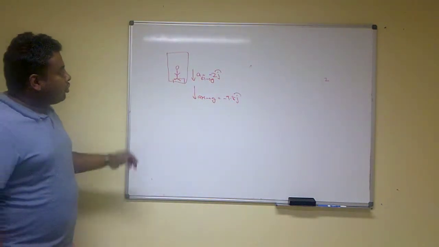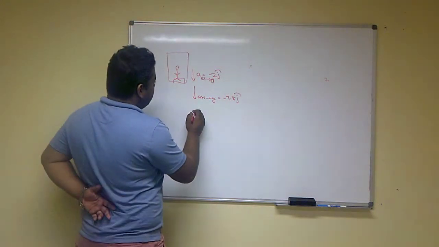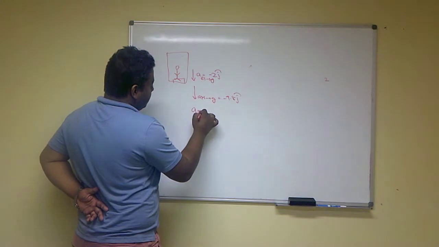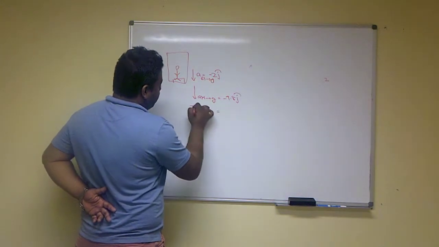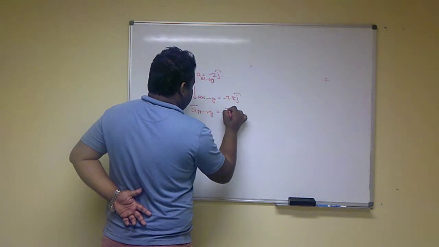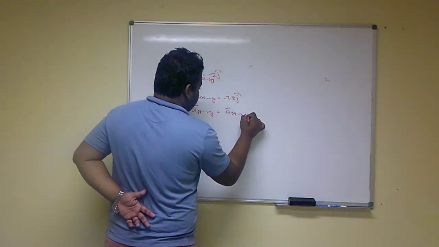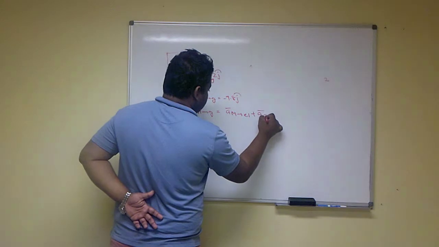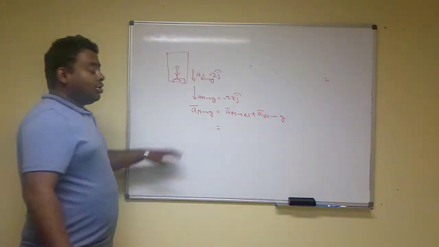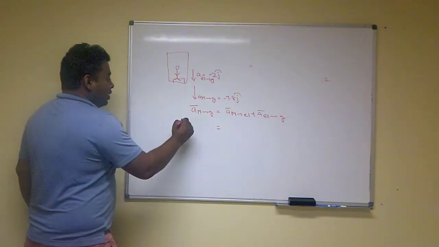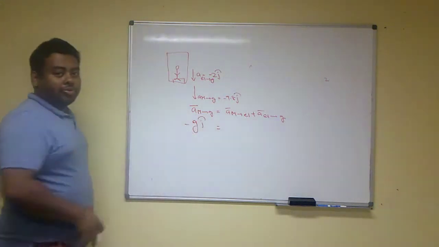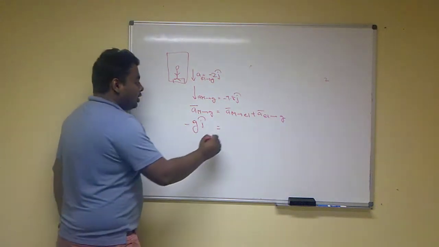Okay, so in order to do that, a of man with respect to ground, written as a vector quantity, could be written as acceleration of man with respect to elevator plus acceleration of elevator with respect to ground. Acceleration of man with respect to ground is minus 9.8 j cap, which we can write as minus g times j cap, g being 9.8 meters per second squared.